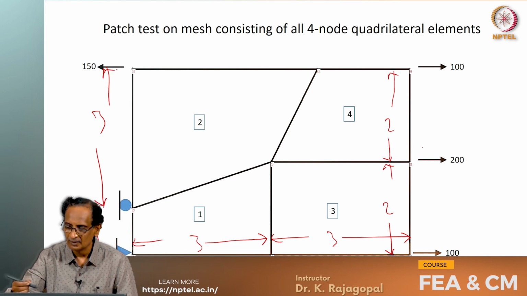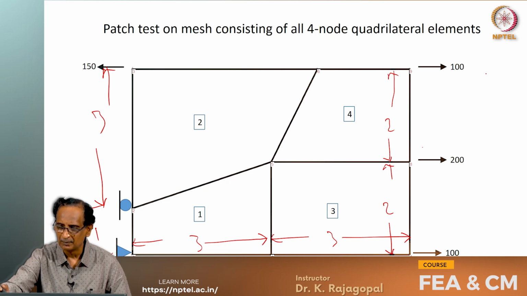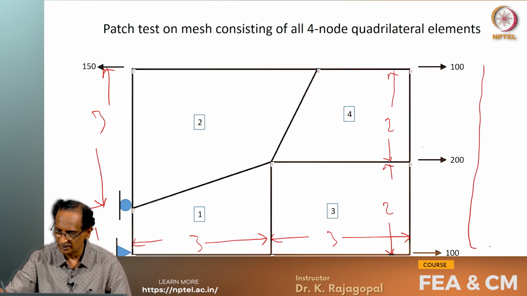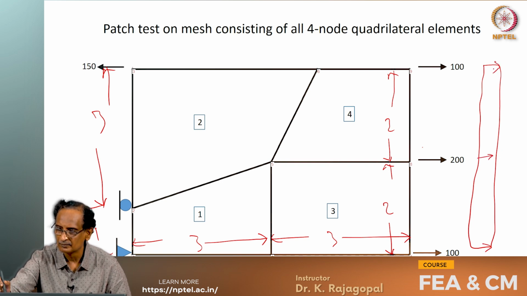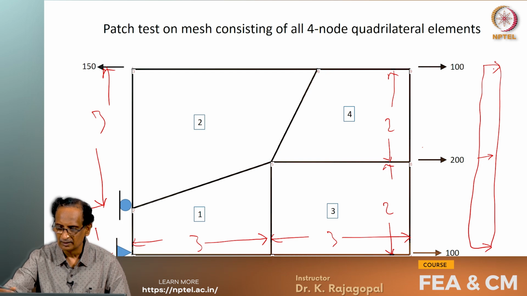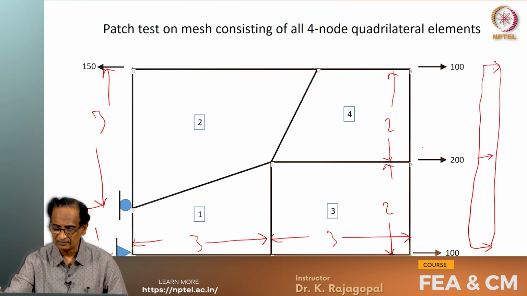If you apply a pressure loading of 100 kPa here, because this is a 2 node surface, the load is equally distributed. So, 100 times 2 is 200.